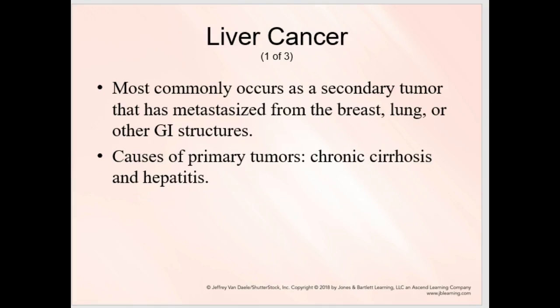Liver cancer is just a devastating disease because, of course, if it spreads far enough and destroys the liver, it can affect all sorts of metabolic functions. Quite often this is going to be a secondary tumor from breast, lung, or possibly GI cancers. You can get this as a primary cancer from chronic cirrhosis and/or hepatitis.